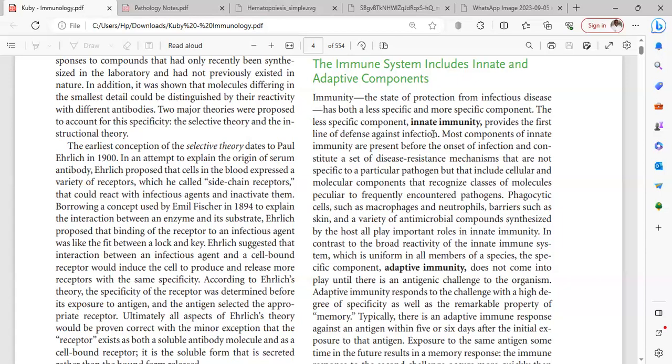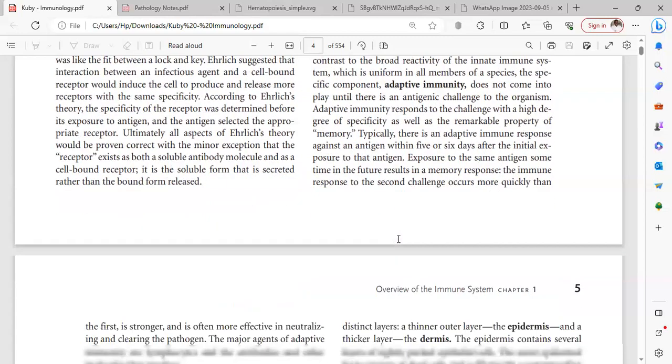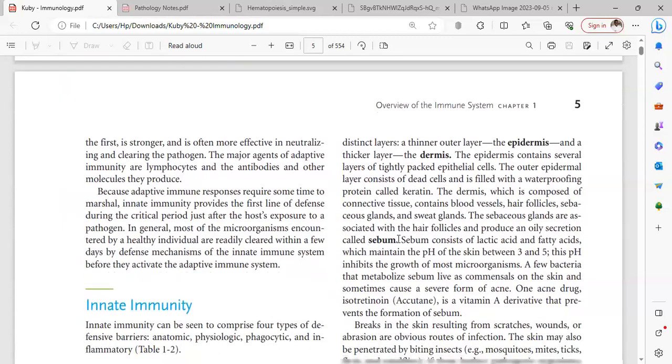Innate is a bit immediate. Innate provides the first line defense, and adaptive provides the third line defense. But we'll see deeper into it when we delve into it more.